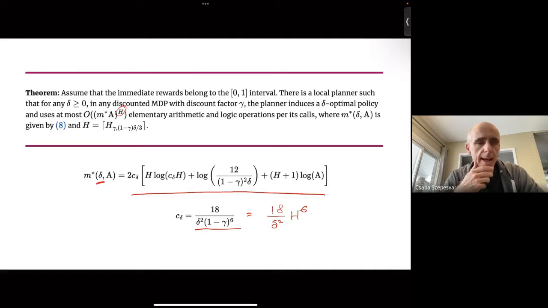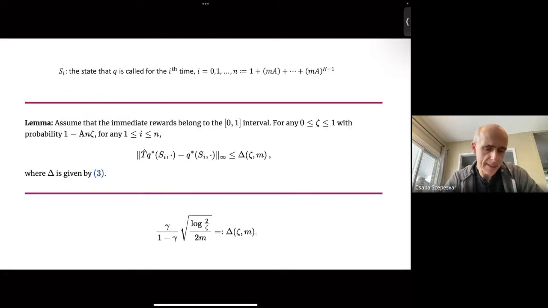It uses a different union bound, based on the observation that this algorithm essentially builds a tree. In every lecture, we have to draw a few trees, right? There should be no lecture without trees. So there is a branching factor of A because there are A actions at s naught.